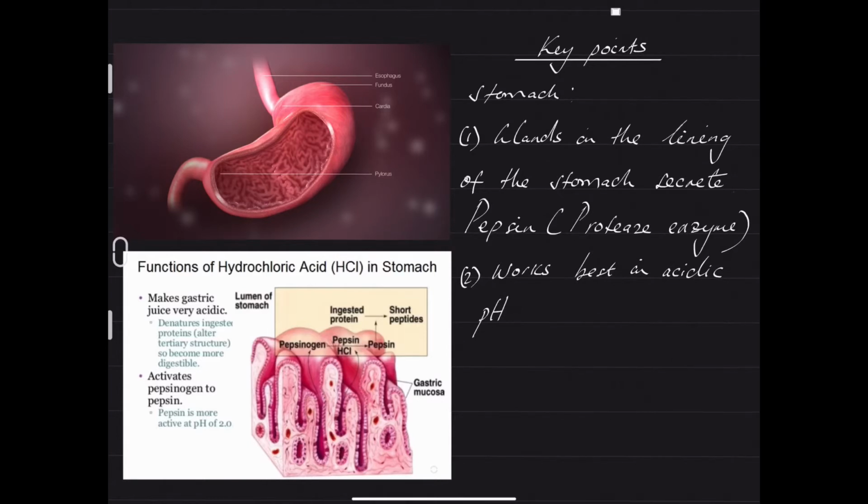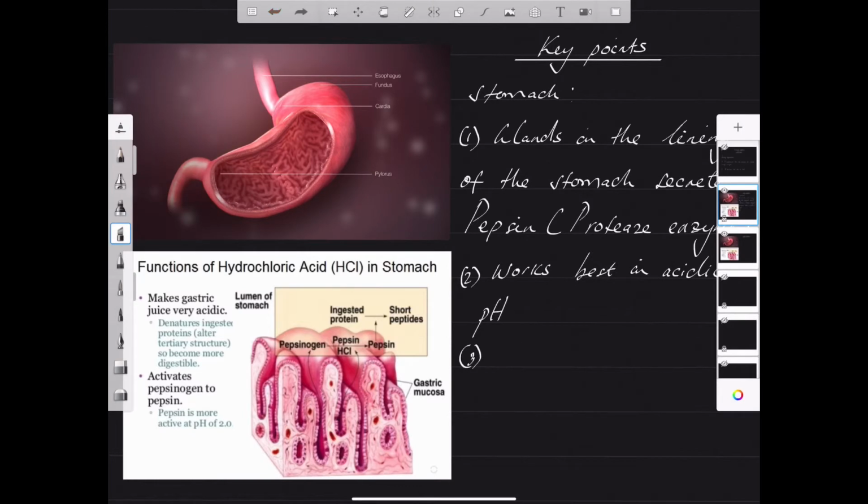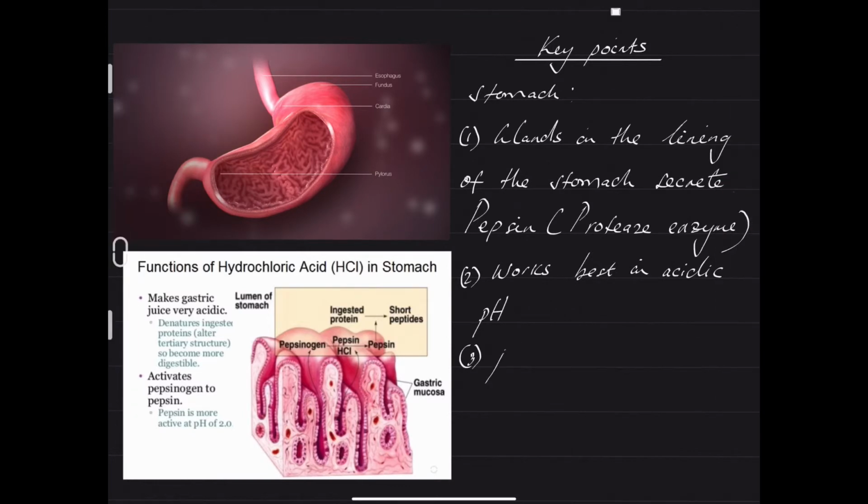So to help this, the stomach produces approximately 3 liters of concentrated HCl acid.